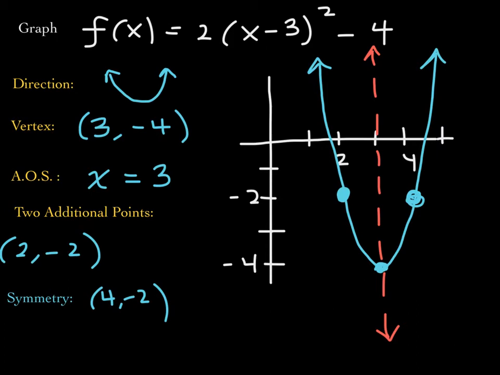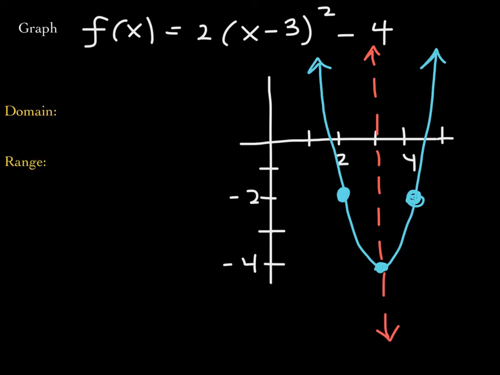Now, I want us to find the domain and the range for our function. Let's not forget that the domain is the set of all your x values, and you read your domain by reading your graph left to right. How far left is this going, and how far right is it going?